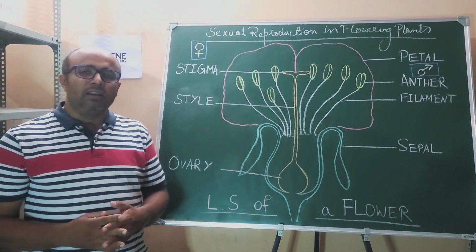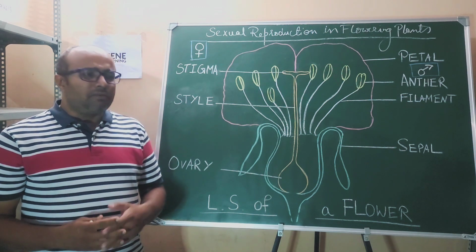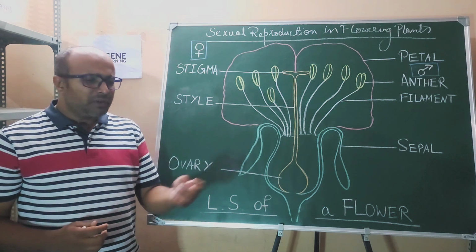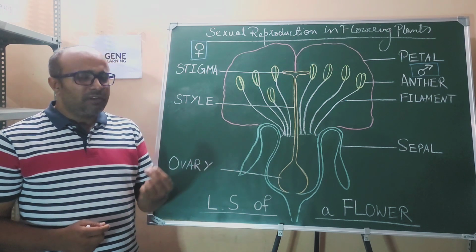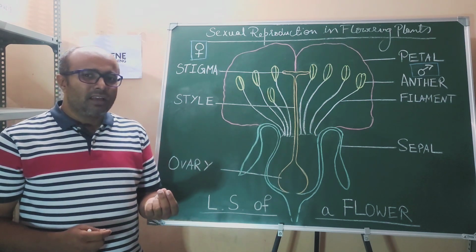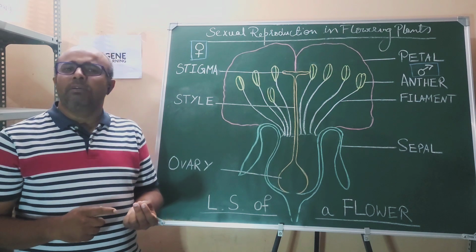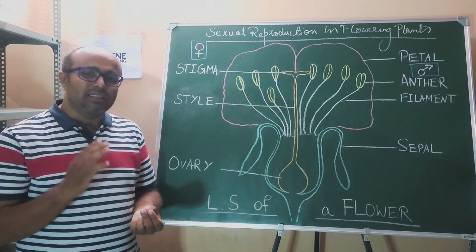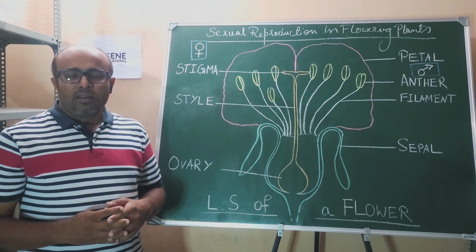When we look at a flower, now pick a flower for that matter. If I take a hibiscus and look into it, I see that both male and female reproductive structures are present in the same flower.